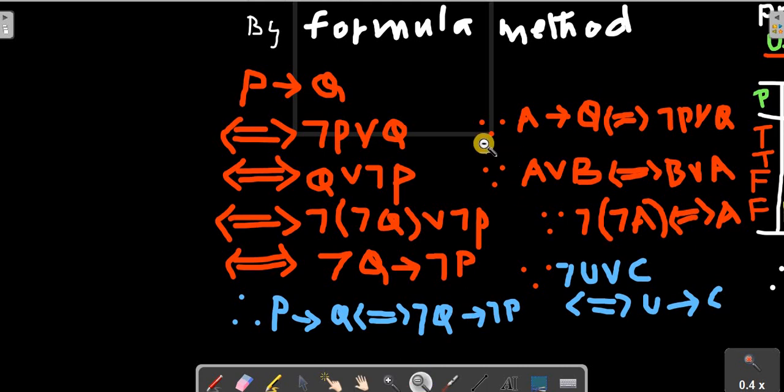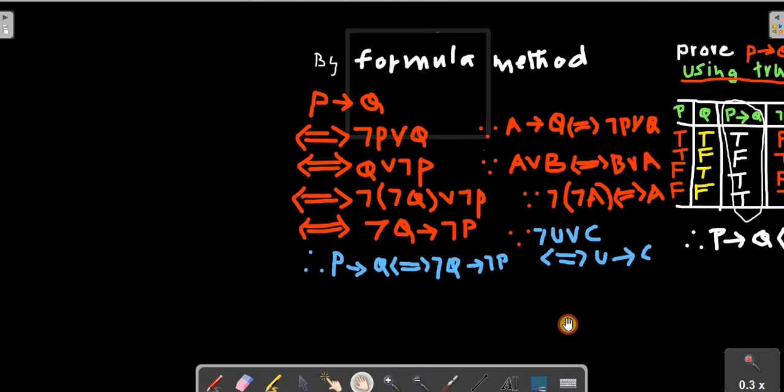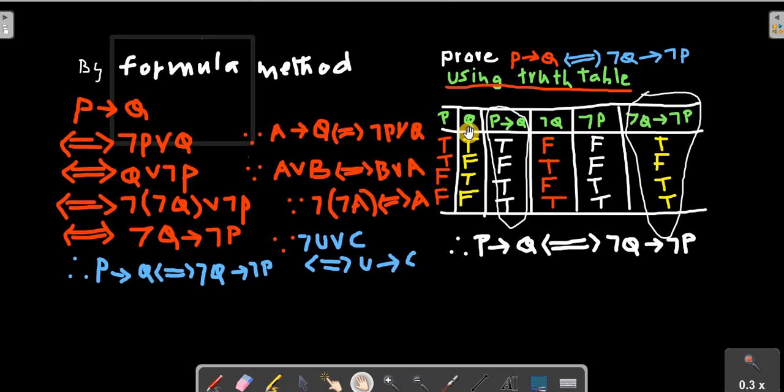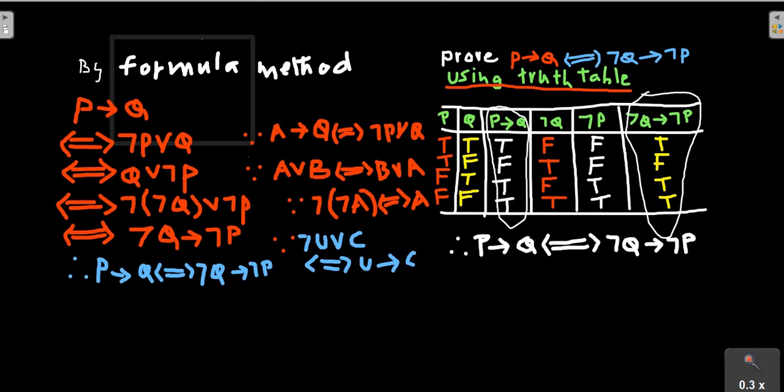Okay, so in this particular class we have proved the same result by two methods, that is P implies Q is implied by negation Q implies negation P. First, by using the truth table method, we proved that the truth value of P implies Q and the truth value of negation Q implies negation P are both equal.